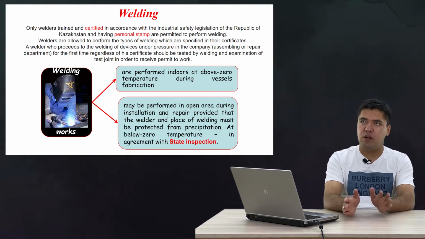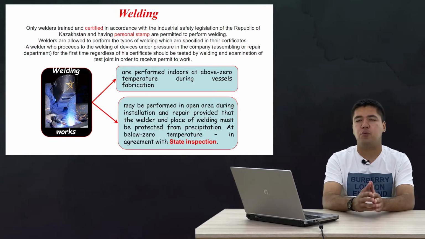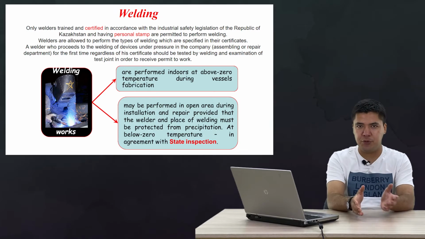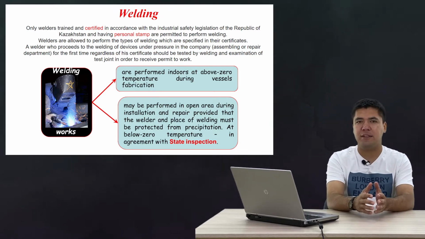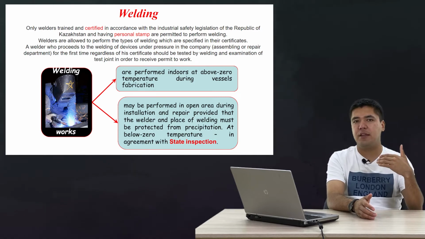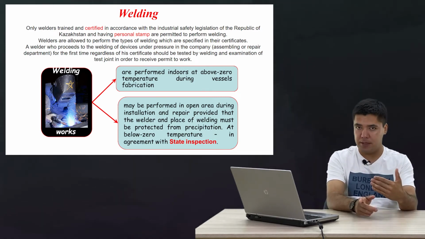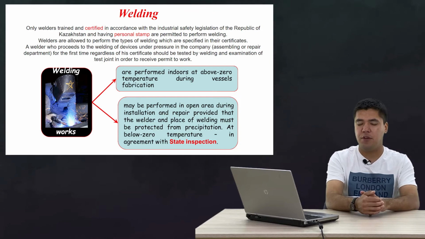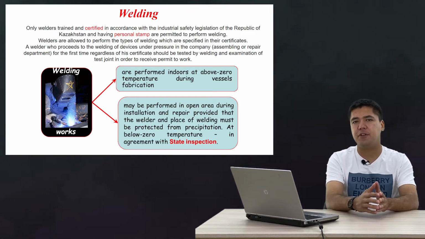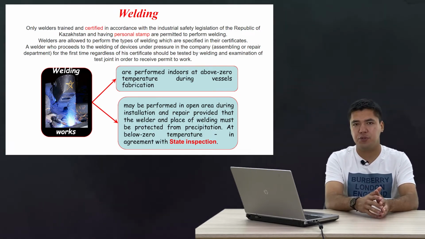And apart from preparation and documentation for welders, what other requirements do we have for welding? According to national standards, welding shall be performed in areas with a temperature higher than 0 degrees. But at some points, for example, if you weld outside somewhere in the Tengiz field, you must do it outside, there are no other options.